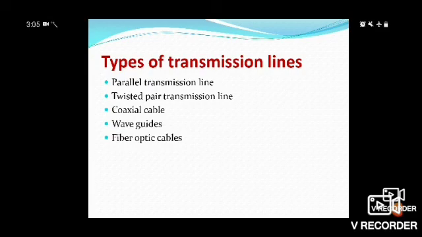Under the types of transmission lines, we have a number of types. The first is the parallel transmission line, which can also be called a 2-wire open line. The second one is the twisted pair transmission line, the third one is coaxial cable, the fourth one is waveguides, and the fifth one is fiber optic cables.